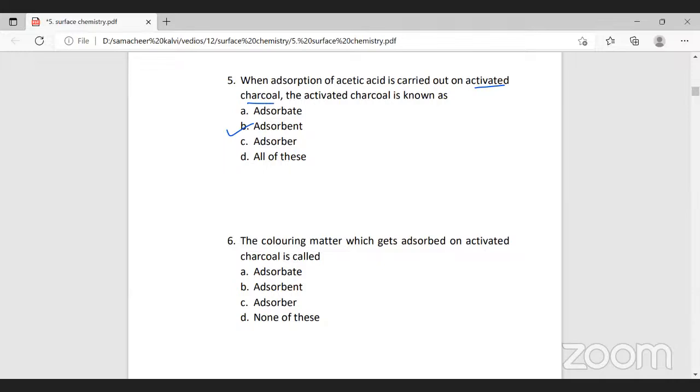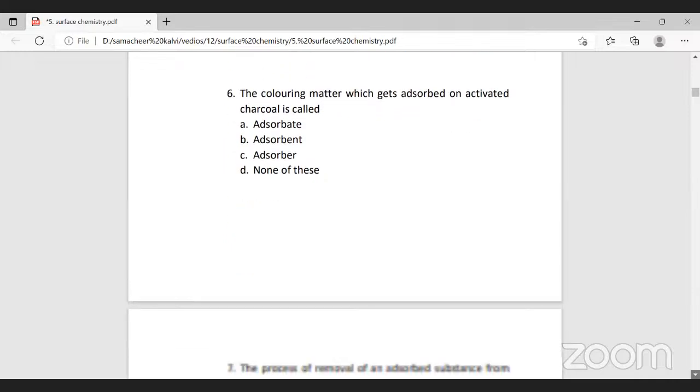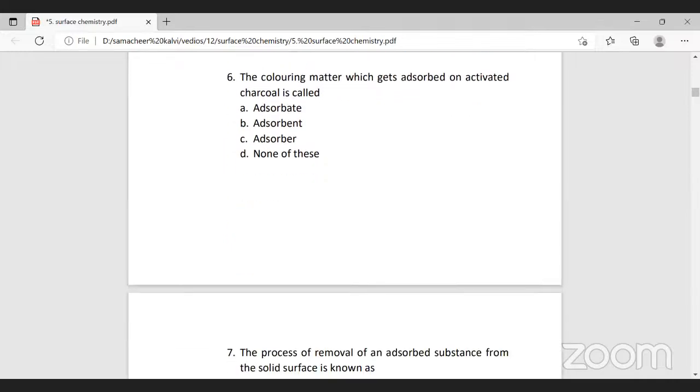The next question. The coloring matter which gets adsorbed on activated charcoal is called adsorbate, adsorbent, adsorber, none of these. So coloring matter gets adsorbed on the activated charcoal. So this coloring matter will be called adsorbate and activated charcoal will be called adsorbent.